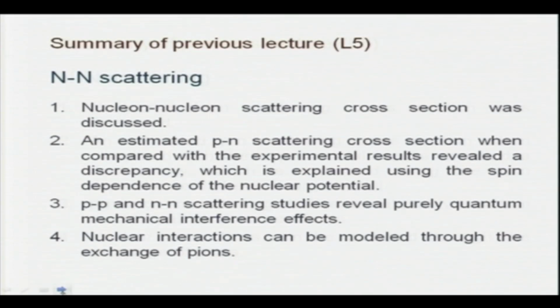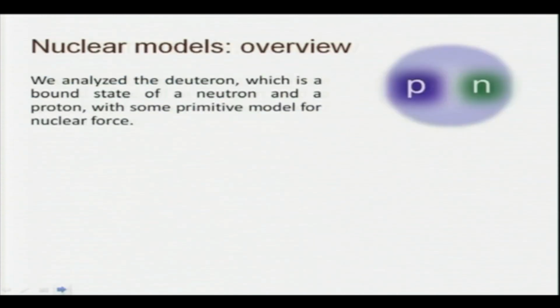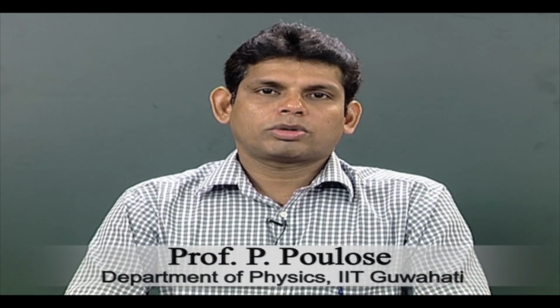Today we will discuss the nuclear models. In our earlier discussions, we had considered the bound state of neutron and proton called the deuteron.